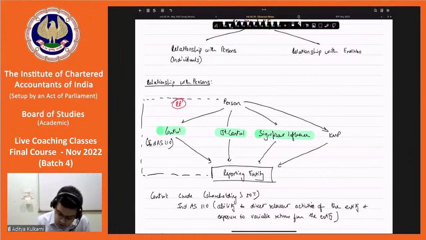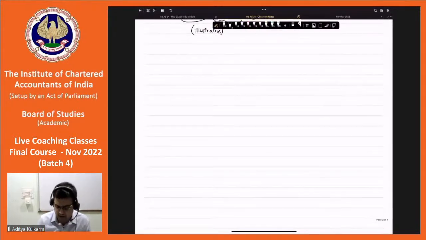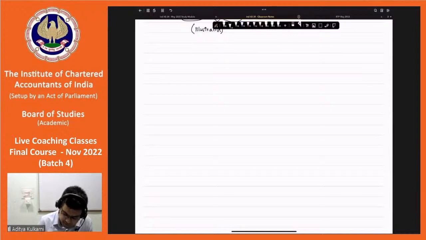Okay. Now, let us explain this with the help of an example, so you will be fairly clear in your understanding. Whose example can we take?